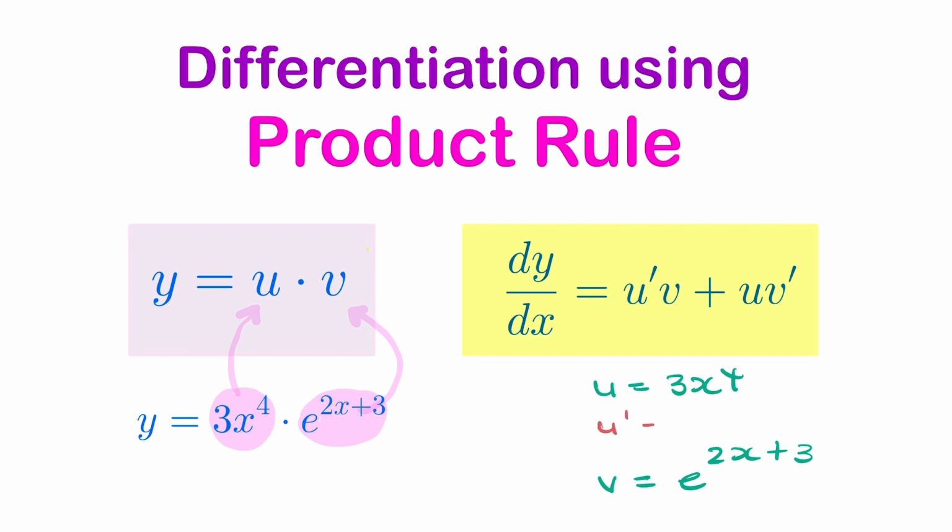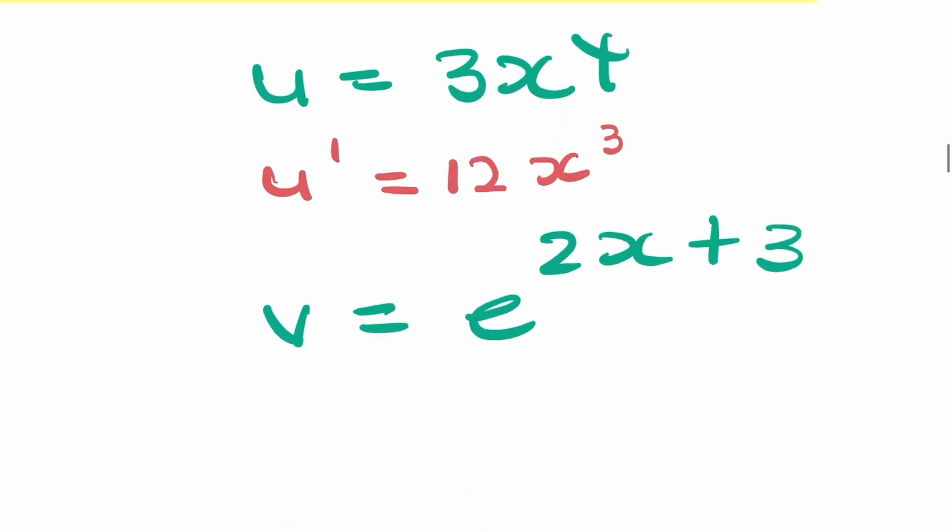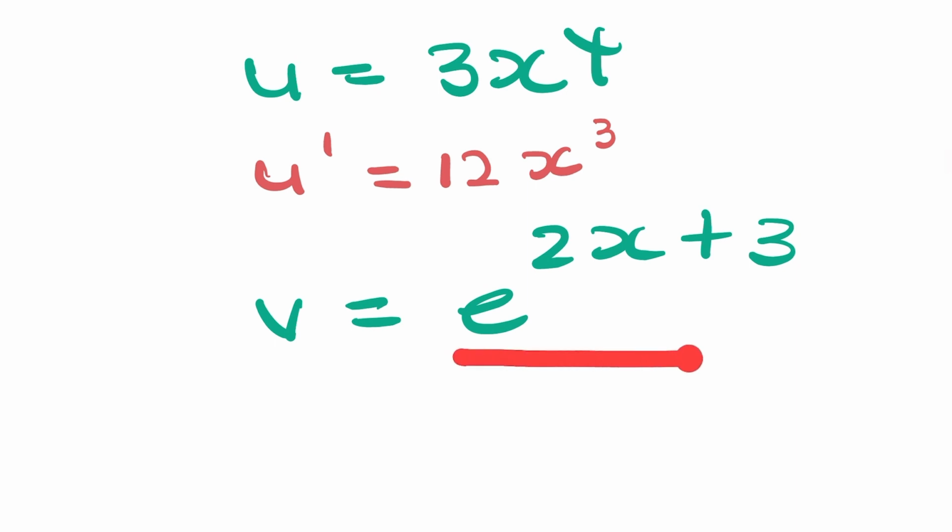So the derivative of u will simply be this power multiplied by the coefficient. So that's 12 x to the power 4 minus 1, which is 3. And then to differentiate the exponential is unchanged.